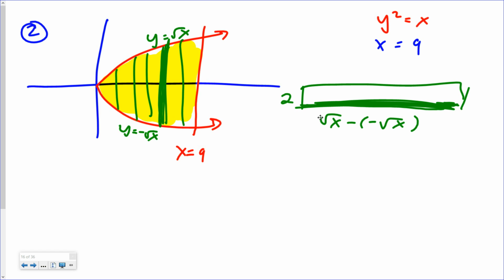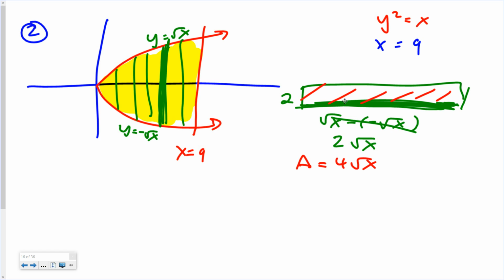Wouldn't it be the top y minus the bottom y? Right? So this is really the same as 2 square root of x. Is everybody good with that? So what's the area of one of these rectangles going to be? 4 square root of x.